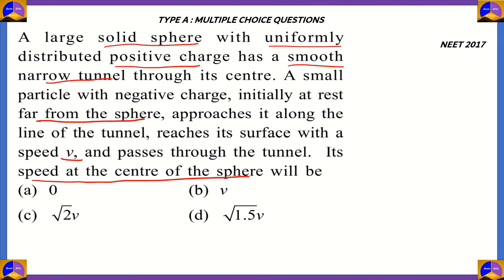So, how do we start solving this question? We have three separate cases of the position of the particle, and from there we can calculate its potential. In the question it says that a small particle with negative charge is initially at rest far from the sphere.